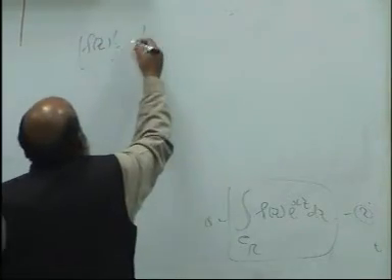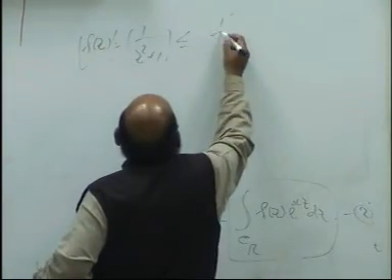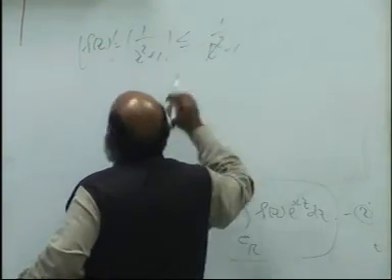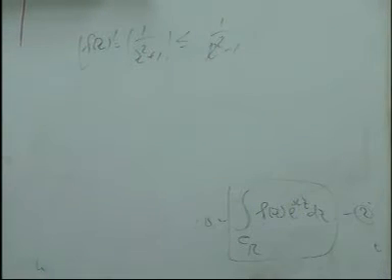So the mod value is less than or equal to 1 over r square minus 1, and when multiplied with the length of the contour, which is pi r, this is pi r over r square minus 1. When r tends to infinity, this gives you 0.